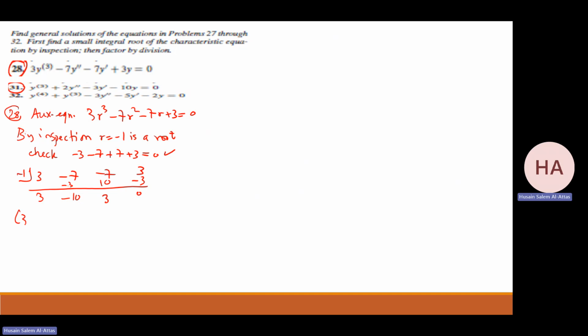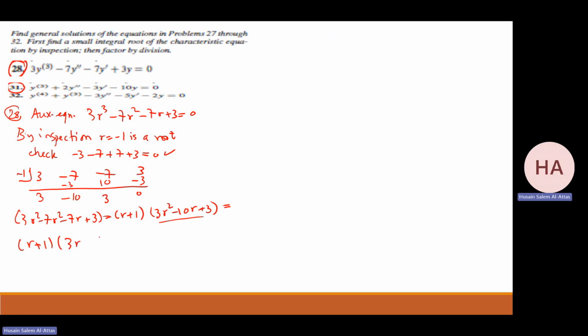So this one will be r plus 1 times 3r squared minus 10r plus 3 equal to 0. Can I factor this?